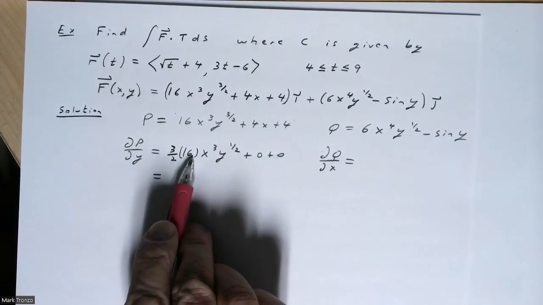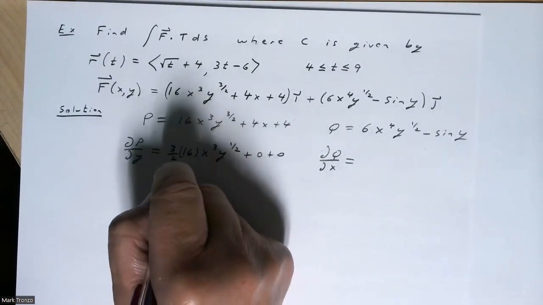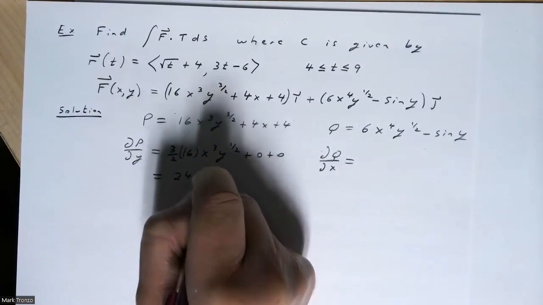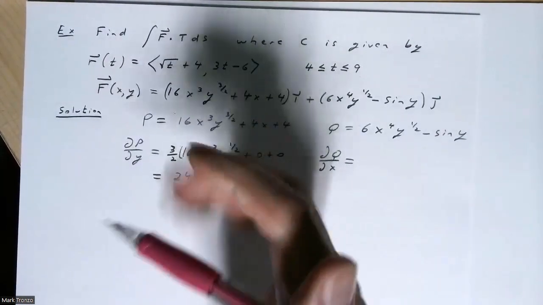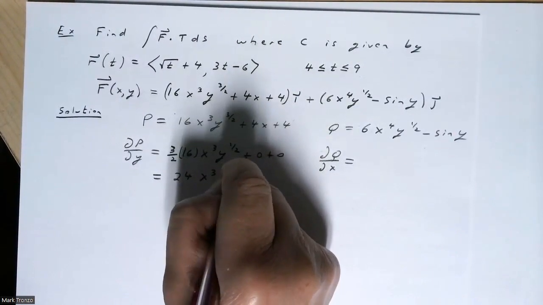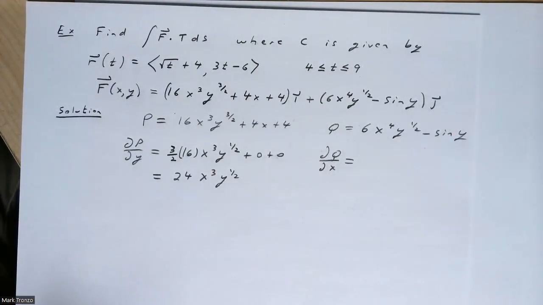And let's see, this will cancel, be 8, this is going to be 24 x cubed y to the 1/2, like this.